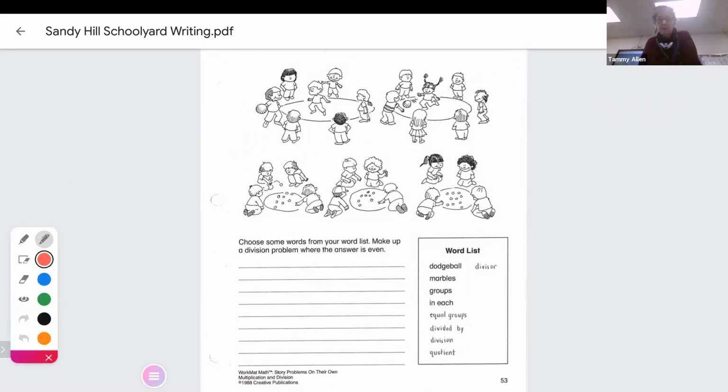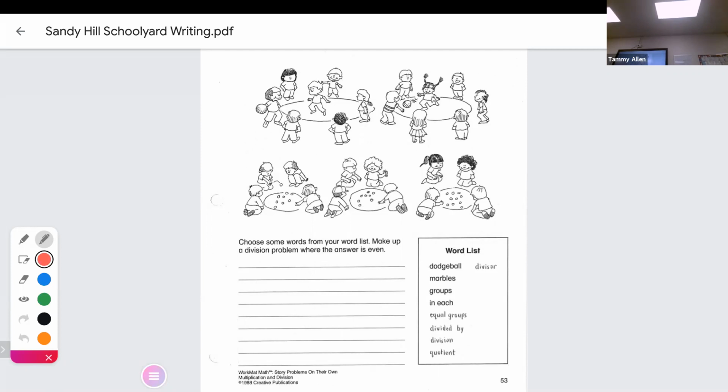And those of you at home, you should find your writing in Google Classroom as well. How many words do we need from our word list? 3. What can't you use? There are, there was, there were, there is. None of that.